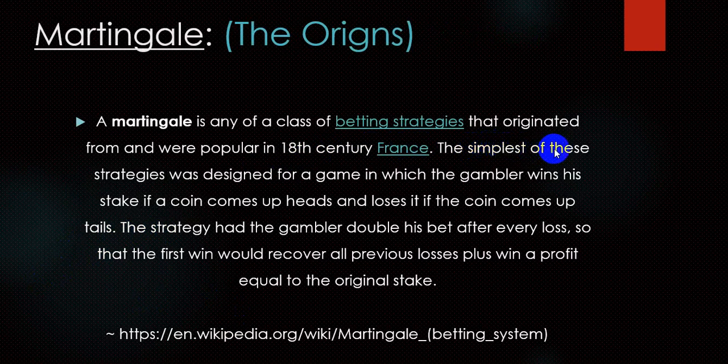The simplest of these strategies was designed for a game in which the gambler wins his stake if a coin comes up heads and loses it if the coin comes up tails. The strategy had the gambler double his bet after every loss, so that the first win would recover all previous losses plus a profit equal to the original stake. Now, that's the concept actually.